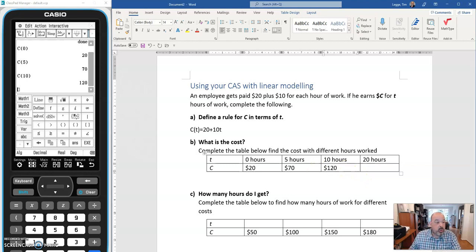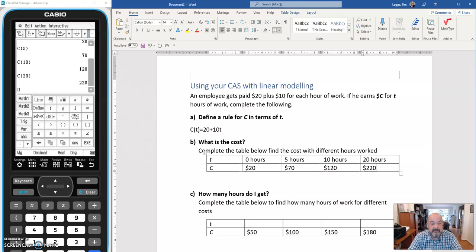And if he works a 20-hour day, don't ask me how anyone would ever work a 20-hour day, but if he did, he would get C of 20. He would earn $220.